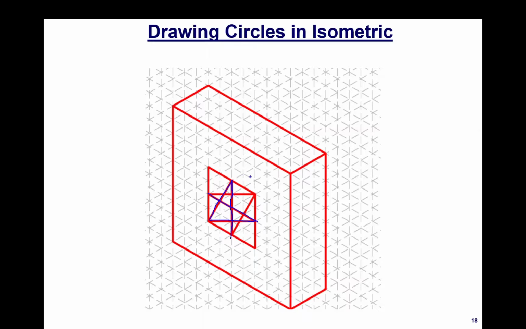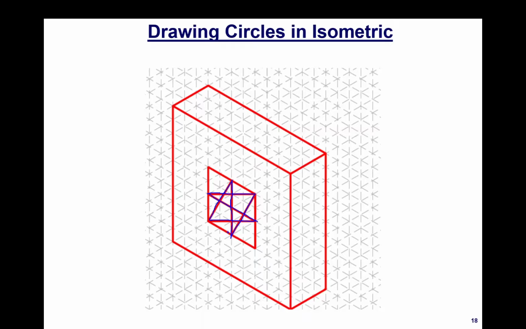And then they've gone to the other obtuse angle and they've drawn a line to the opposite midpoint line. And what that's done is created some lines that allow us to draw the isometric circle.